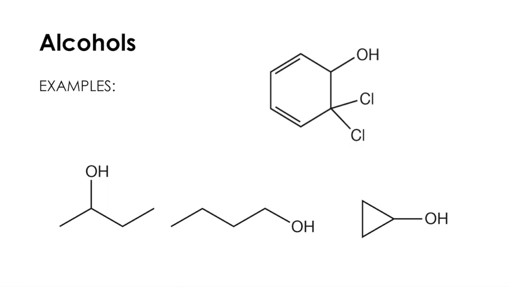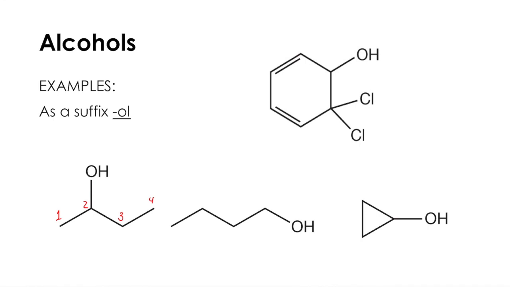So the way that we name the root of an alcohol molecule is we just add the suffix OL, all. So in the example here, if we're naming this first example, we're going to number the carbon chain 1, 2, 3, 4, like that, like we normally would.